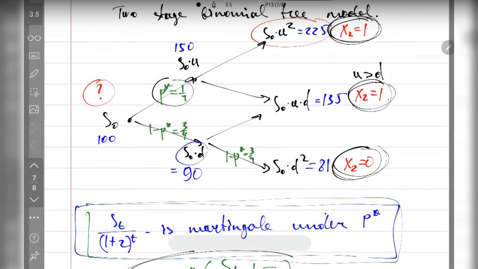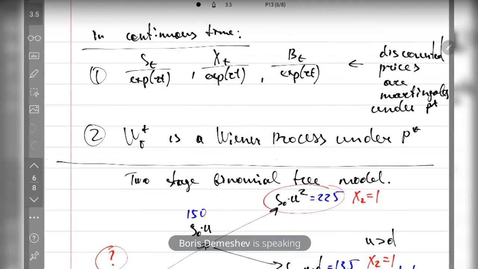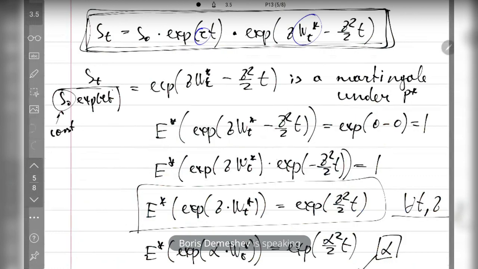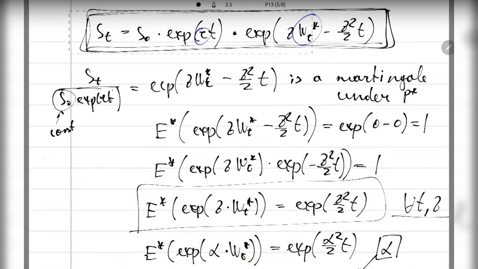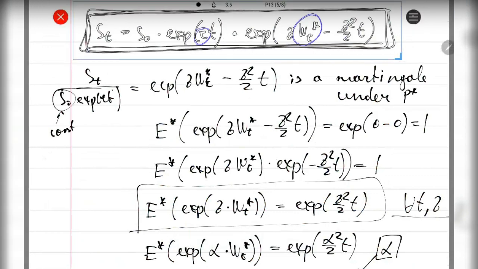Let me copy the share price. I know it, but let's copy it. Here it is, our share price. We will use it once again.